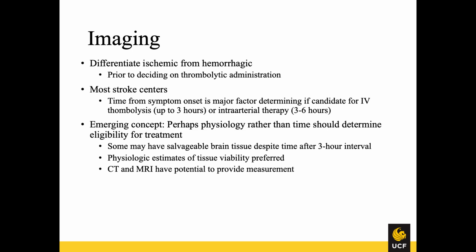That makes no sense whatsoever, right? So that's why it's so important to rapidly get a CT scan without contrast so that we can make a quick decision. What was our AHA, ASA guideline for door to needle?